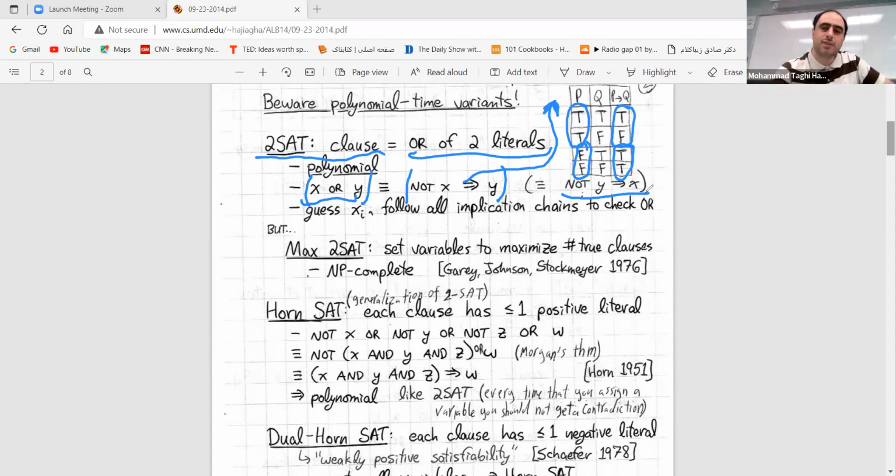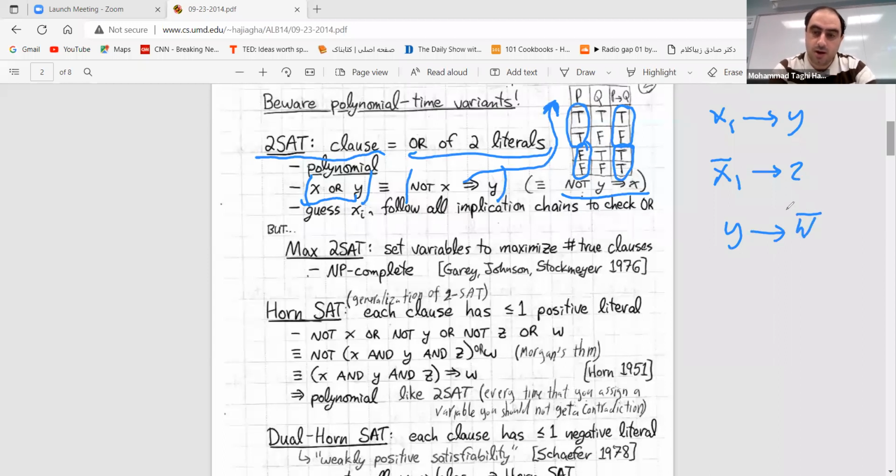Then essentially all of the formulas are in this form: x1 implies y, maybe not of x1 implies z, and then y implies w bar, and then w implies, say for example, t, maybe I should use q, and so on.